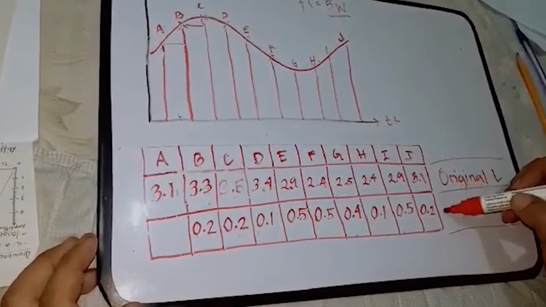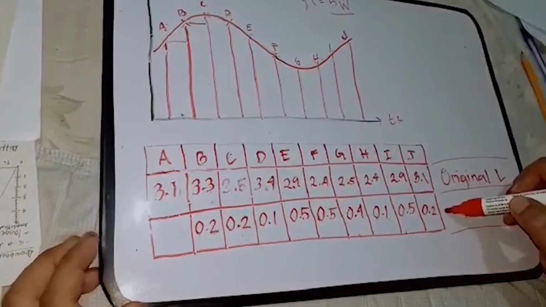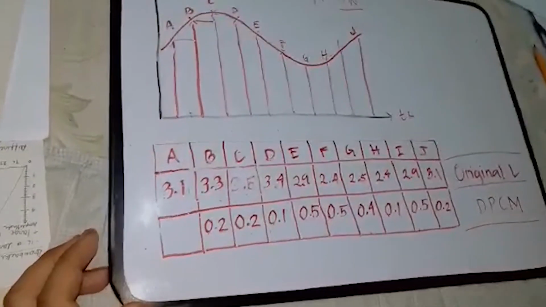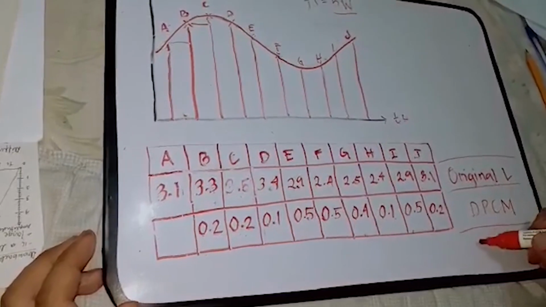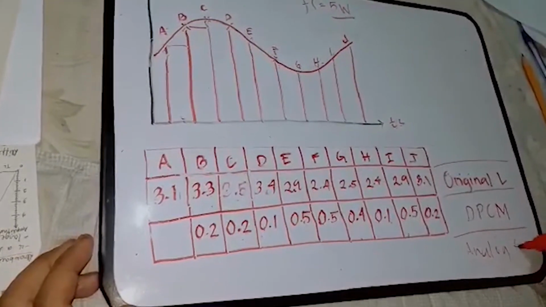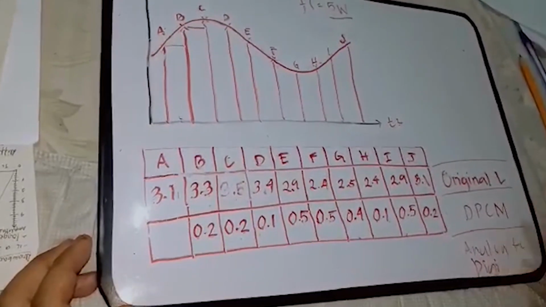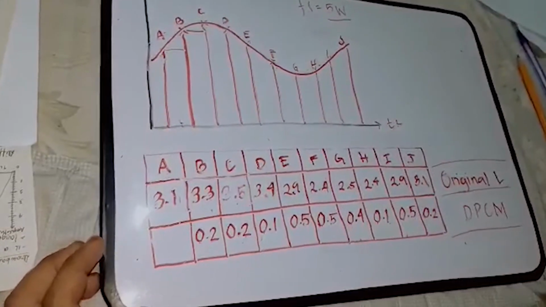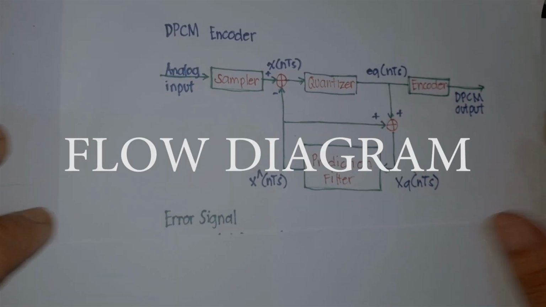So kung mas maliit yung bandwidth, mas mapapabilis yung transmission ng signals from analog to digital and vice versa.